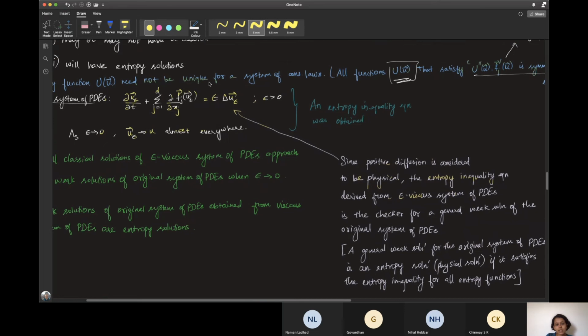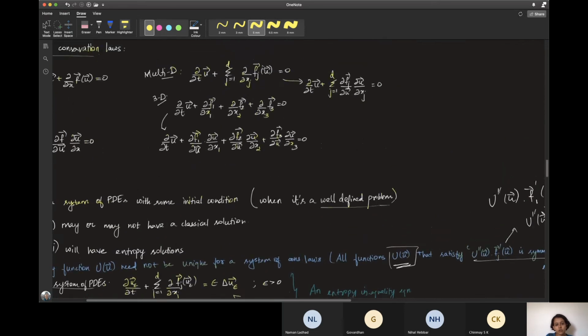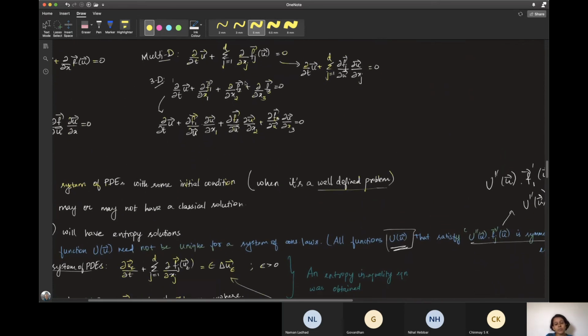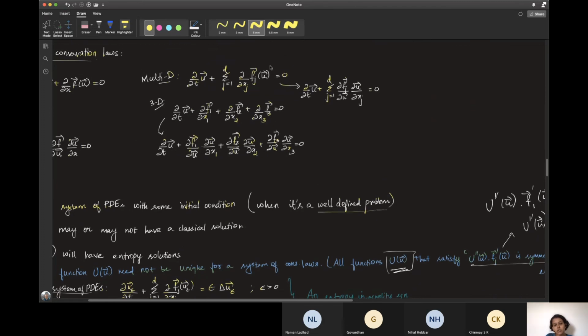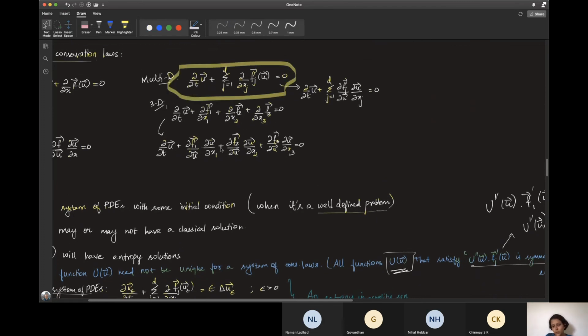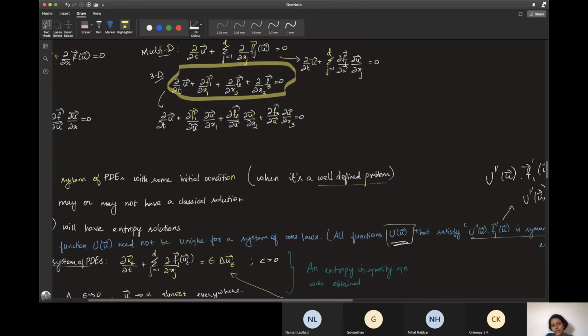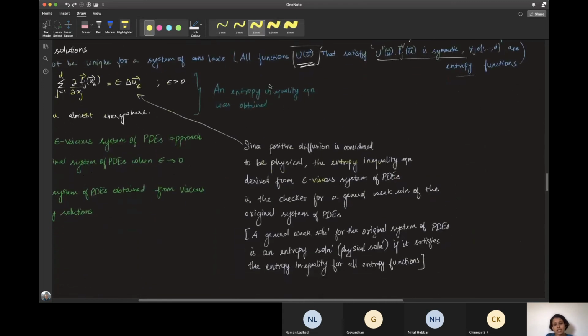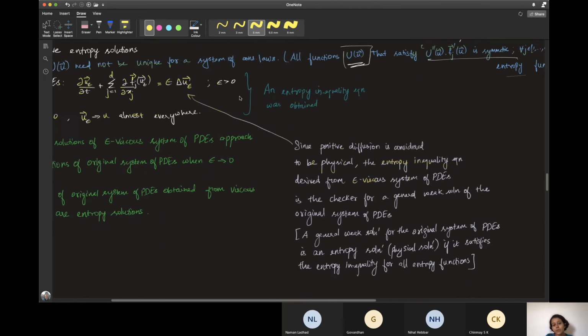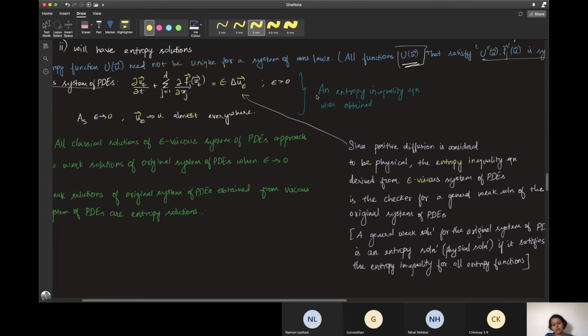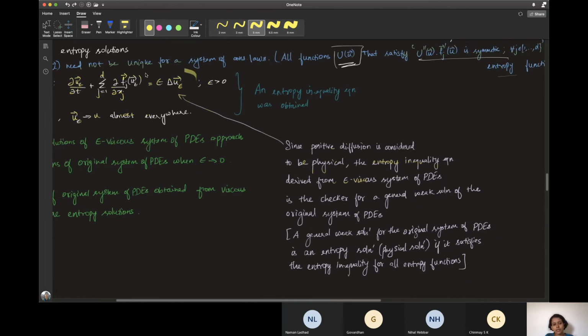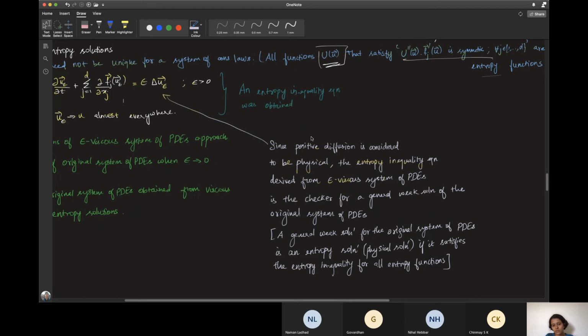How will we see whether any general weak solution for the original system is an entropy solution or not? We only have to see whether that weak solution satisfies the entropy inequality equation that we derived, because anything with positive diffusion is considered to be physical. So the entropy inequality equation will help us to see whether something is physical or not.